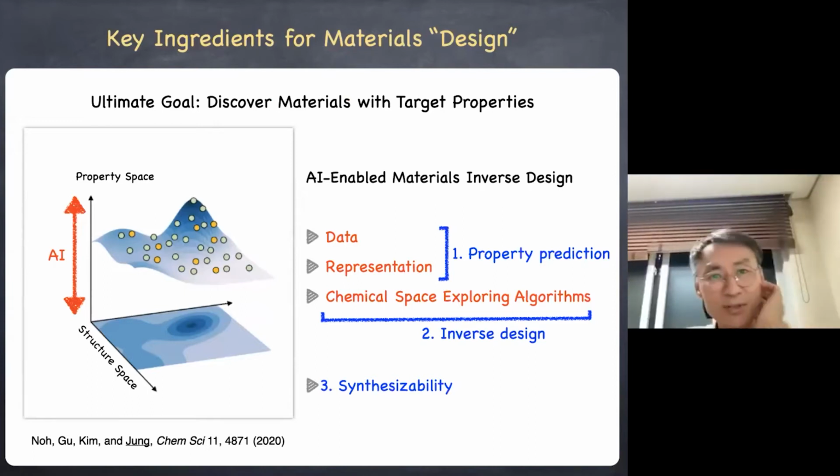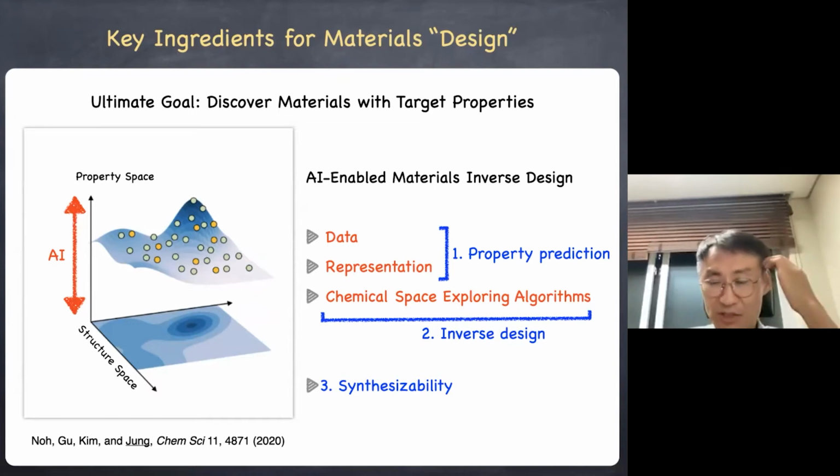So there are several key ingredients to do materials informatics, and of course, this is a data-driven approach. You need the data, and you need the representation for the materials. And once you have the data and representation, then you can perform a simple regression to make a model that would allow us to do the property predictions.